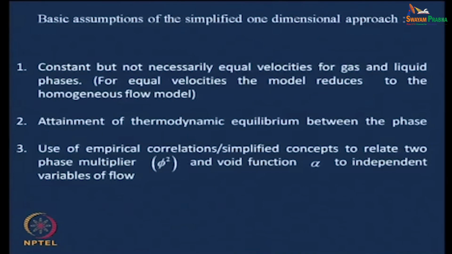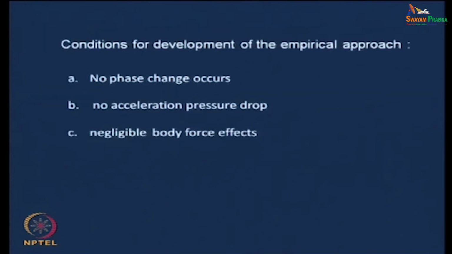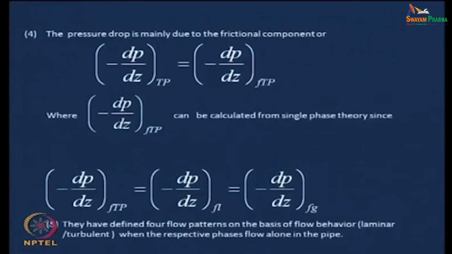Now, the first thing, if you notice, is that this Lockhart and Martinelli correlation gives us a correlation between phi L square and phi G square. Okay. If you remember the basic definitions, I will just write them down once more.